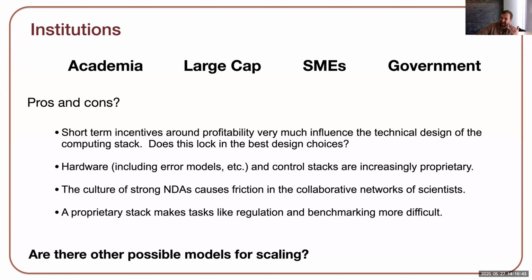I just put up some pros and cons, and I think we live these every day. One thing is a technical point, which I thought about a lot: the incentive structure around for-profits and whether or not these give us the best technical designs. This is completely debatable.